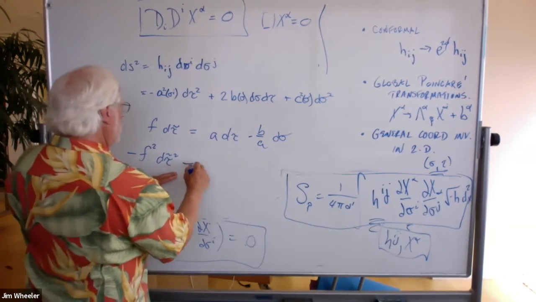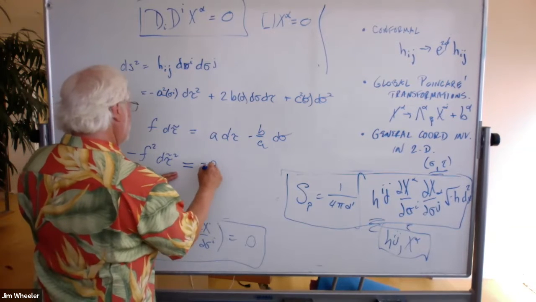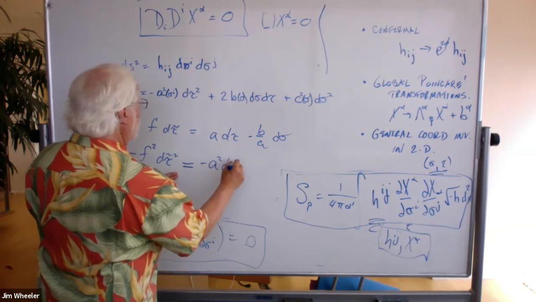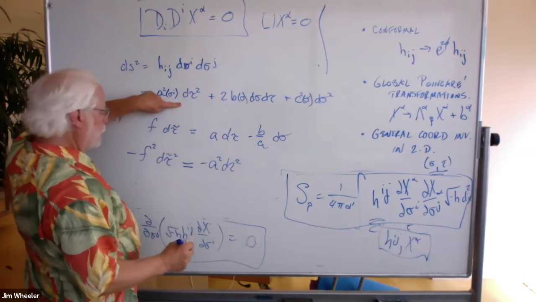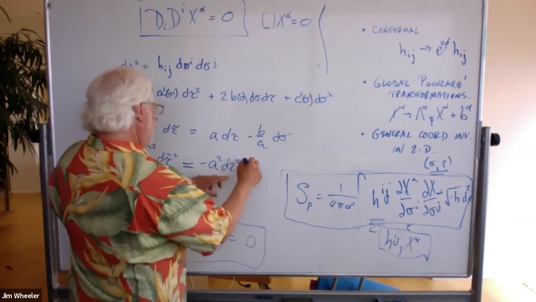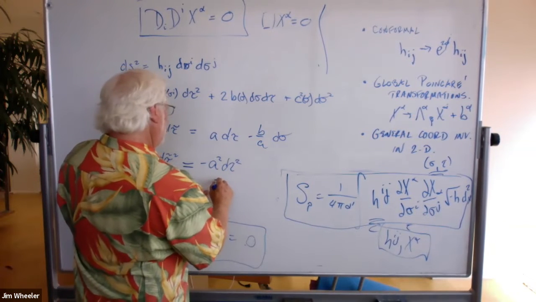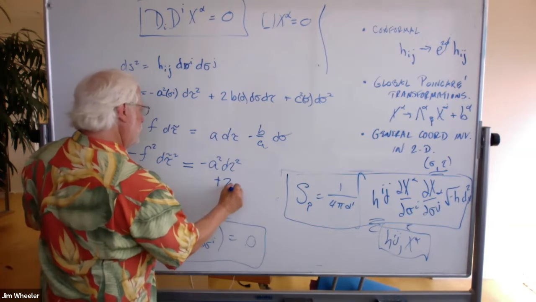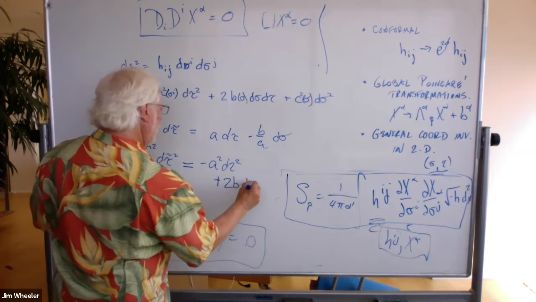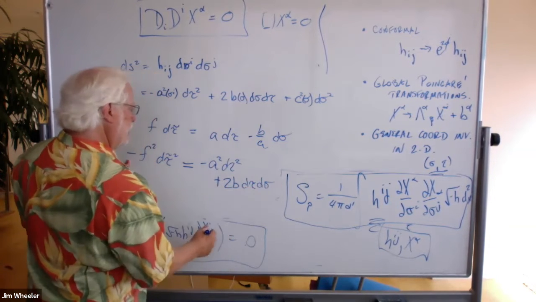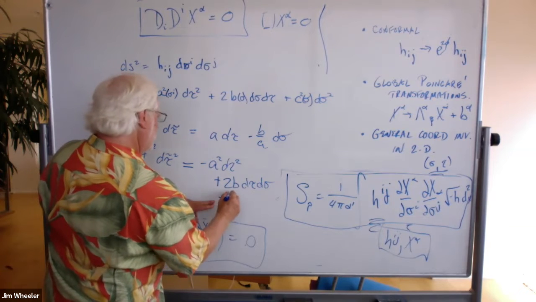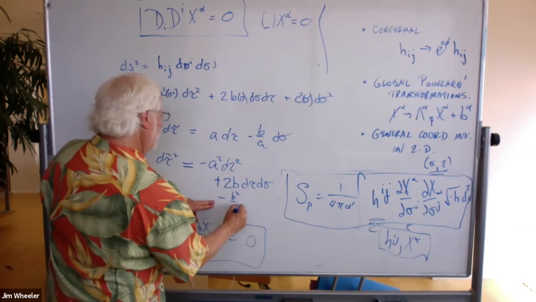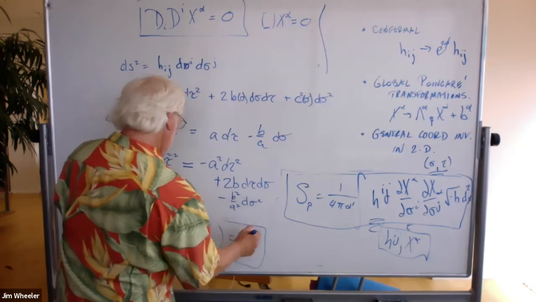Minus f squared d tau squared is equal to minus a squared d tau squared, which gets us this first term. And then we get a cross term, minus becomes plus because of this sign, 2b d tau d sigma, then minus b squared over a squared d sigma squared.